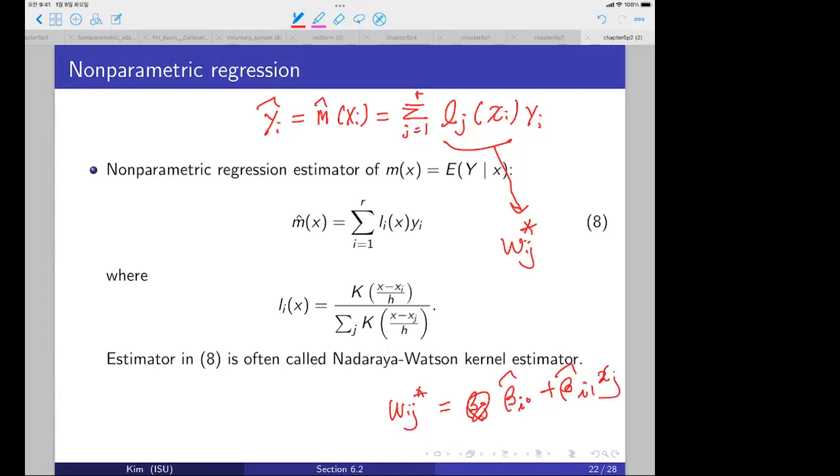So in linear regression we use this kind of weight essentially. This one is nonlinear as a function of x. But this way you can avoid negative weights automatically because you start with non-negative kernels.